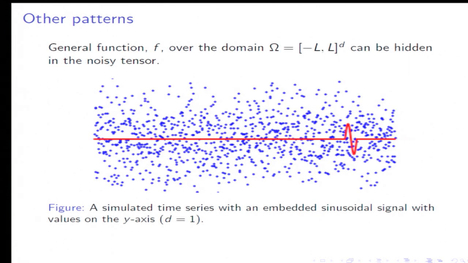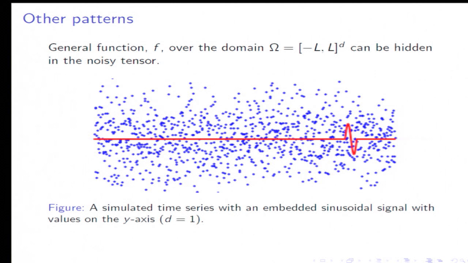More generally, we could think of a function that's embedded in a tensor with some noise on top of it. Our tensor ranges from -L to L in d dimensions, and this is a depiction of a one-dimensional tensor, just our vector.